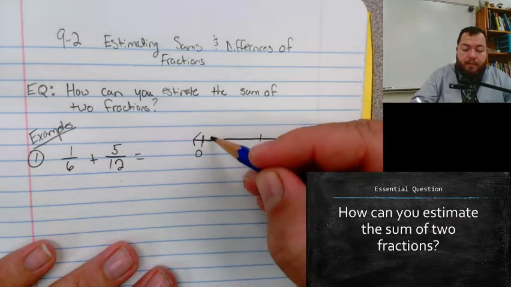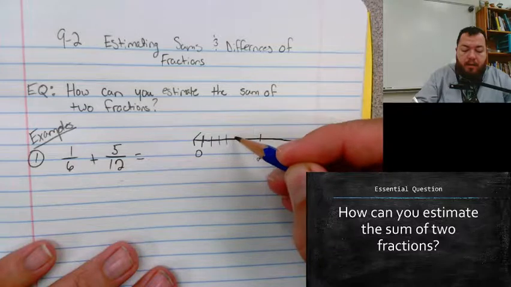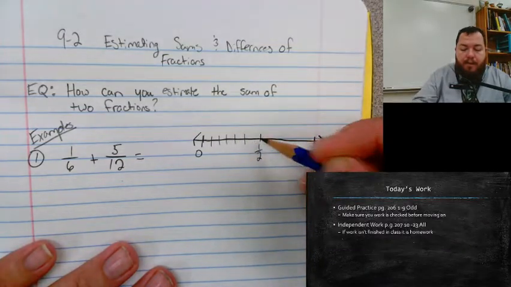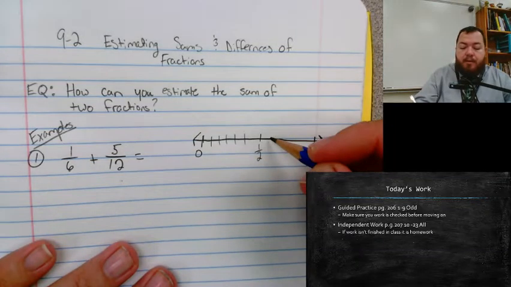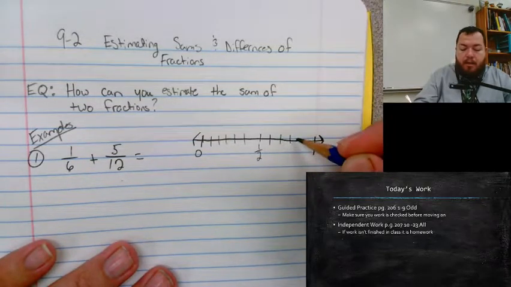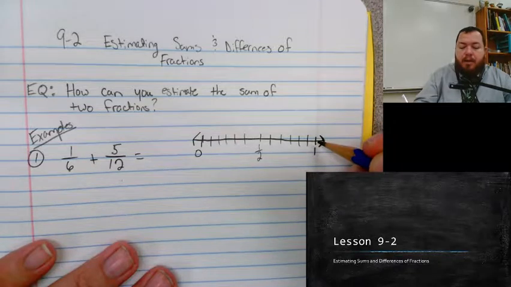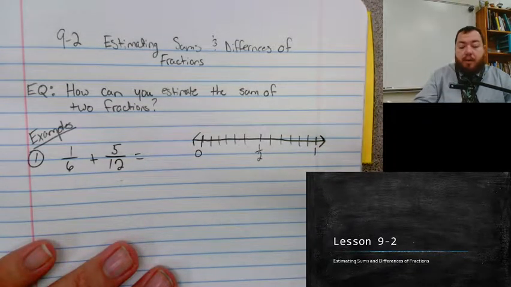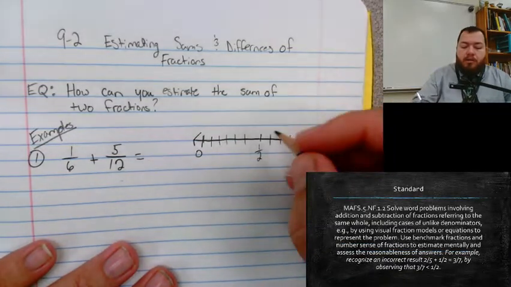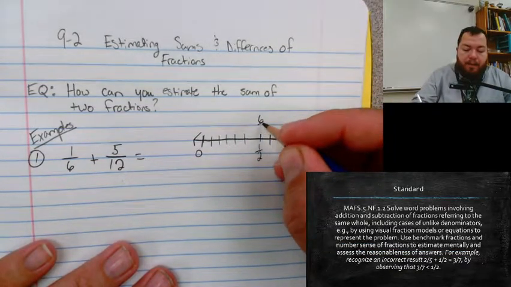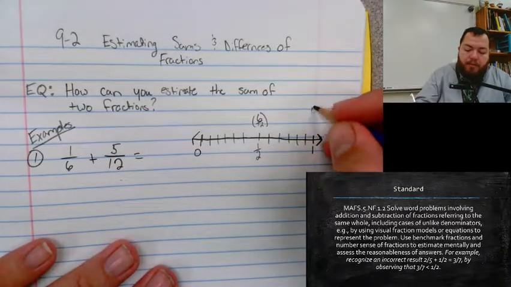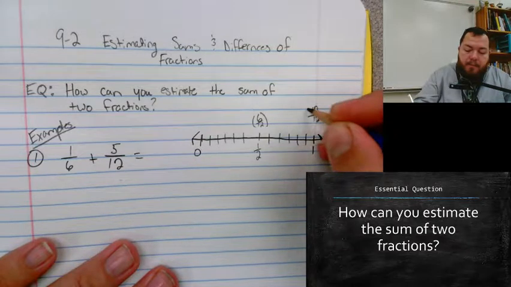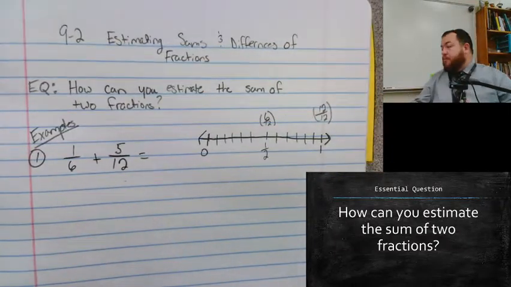So I'm going to have 1, 2, 3, 4, 5, and then 6 is 1/2, because 6/12 equals 1/2. 7, 8, 9, 10, 11, and then 12/12 is 1, because 12/12 is a whole. So if we counted this up, right here would be 6/12, we'll put that in parentheses, and up here we would have 12/12, which is a whole.